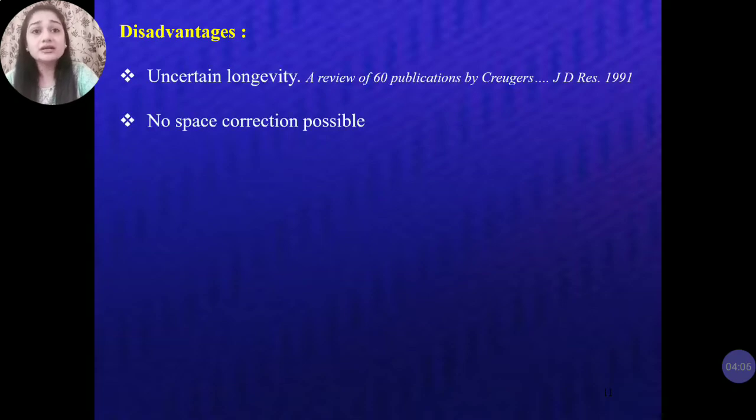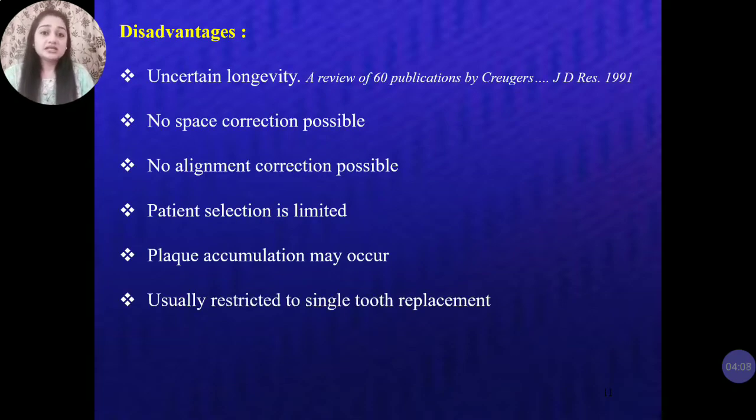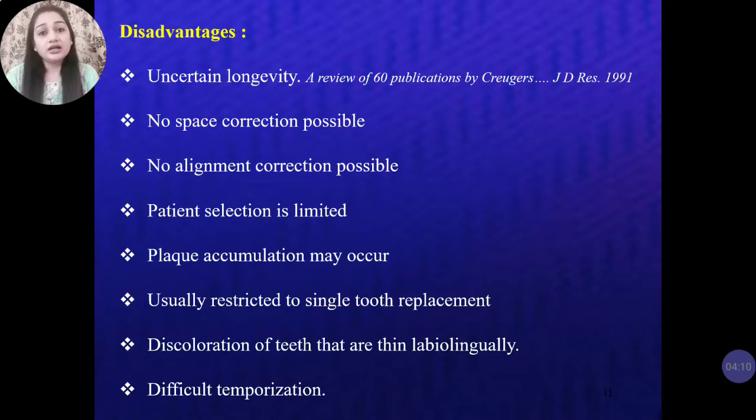What are the disadvantages? Since it is not fully covering the abutment teeth, the longevity is uncertain. So there is no space correction possible in these cases, no alignment correction possible. Patient selection is limited because not all cases are favorable for going for resin bonded fixed partial dentures.